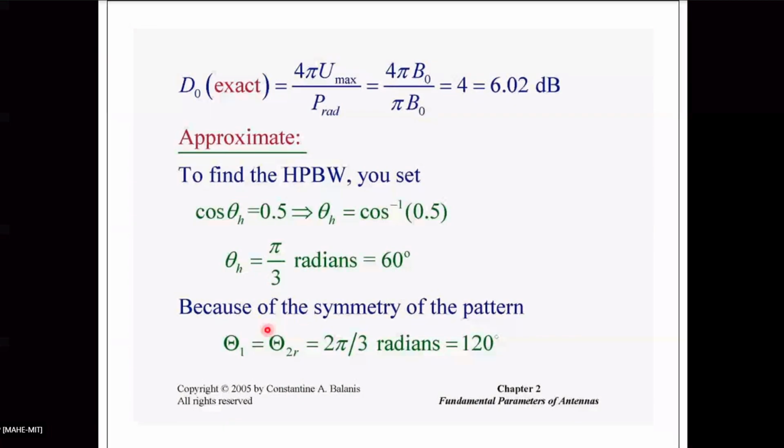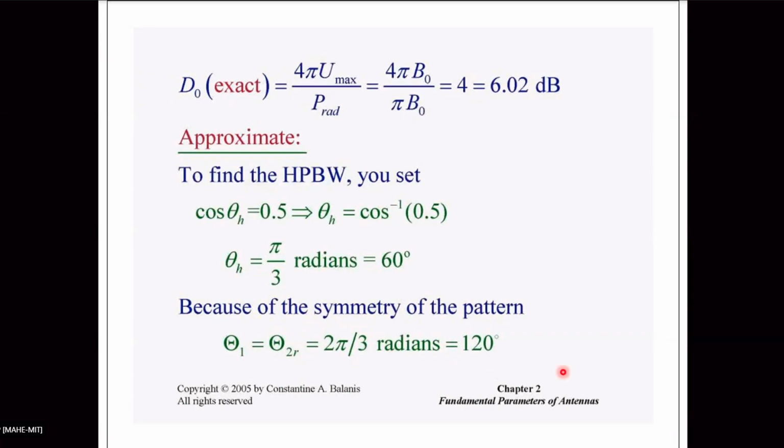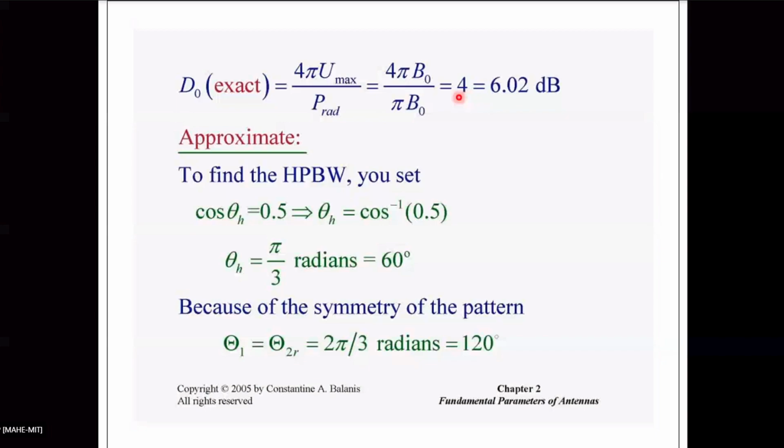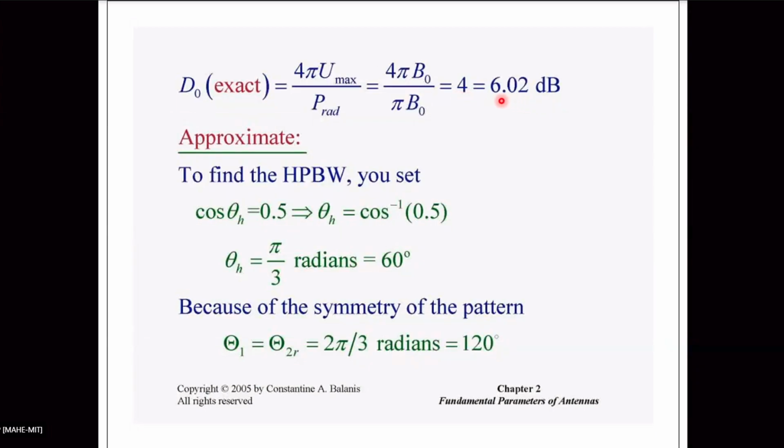So theta 1 r is equal to theta 2 r is equal to 2 pi by 3, 120 degrees. Using the exact formula, you have got D naught as 4, that is equal to 6.02 dB. How did you get this 6.02 dB? 10 log 4 will give 6.02 dB. So this is using the exact formula.